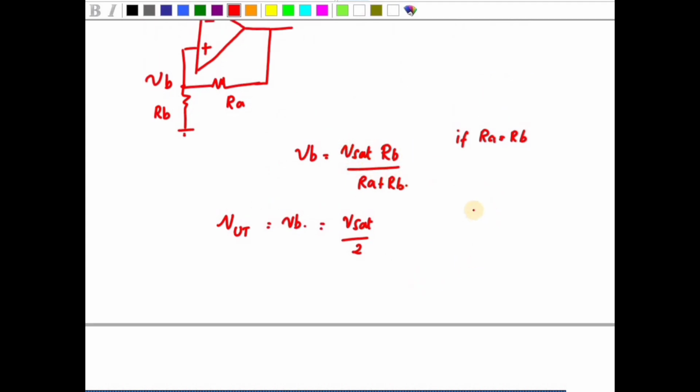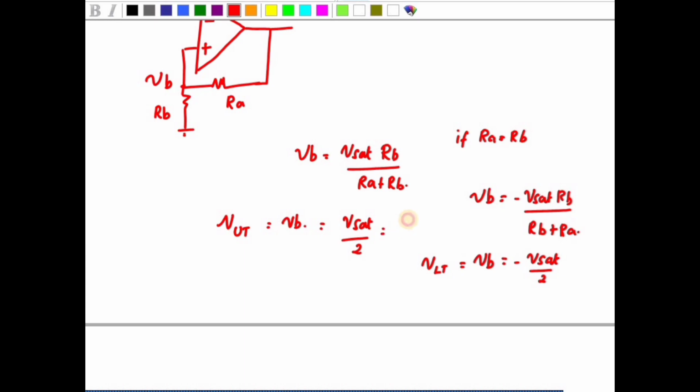Since it is a Schmitt trigger, what is VLT? If it is minus V saturation, I can write VB is equal to minus V sat into RB divided by RB plus RA. If RA is equal to RB, VB is equal to minus V sat divided by 2. This is nothing but my lower threshold voltage. What is VSAT?